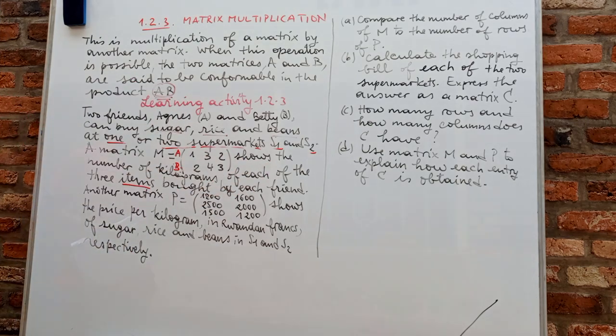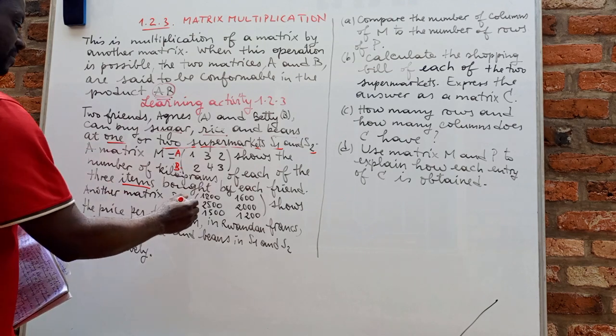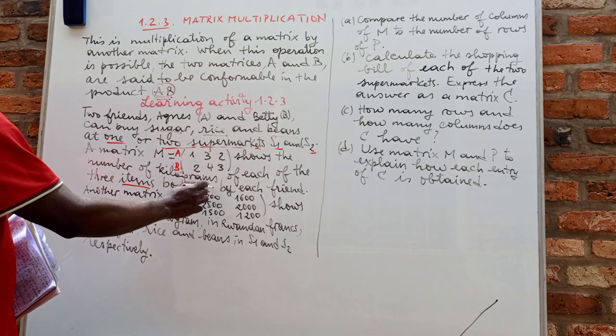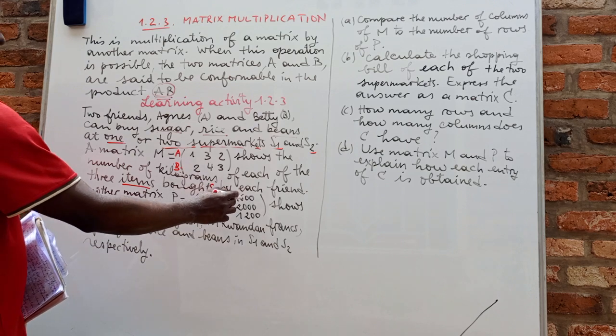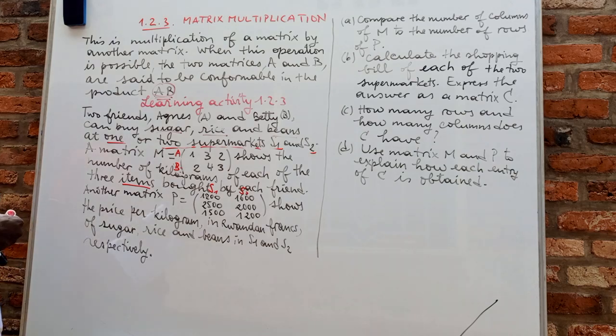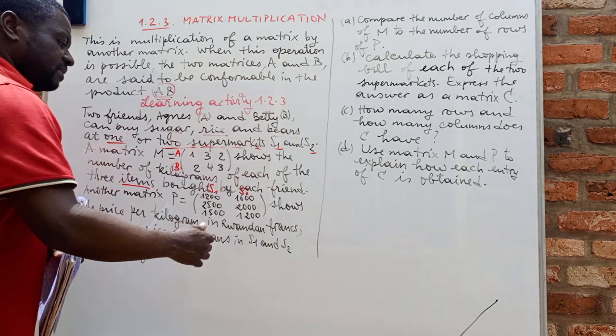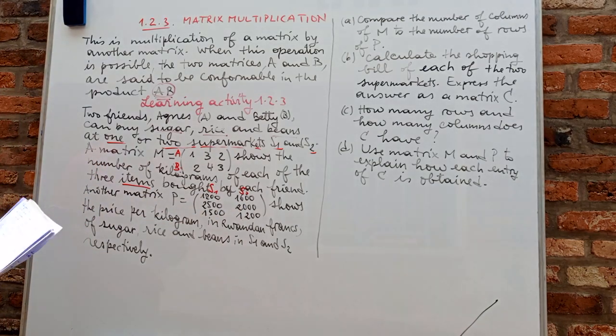Another matrix P shows the price at the first supermarket and at the second supermarket. This is the price for the first supermarket, and this is the price for the second supermarket.